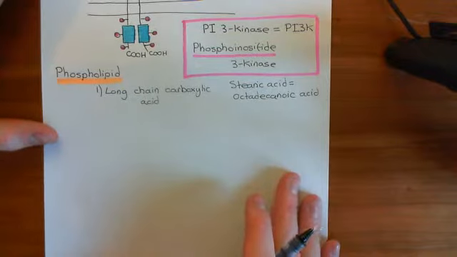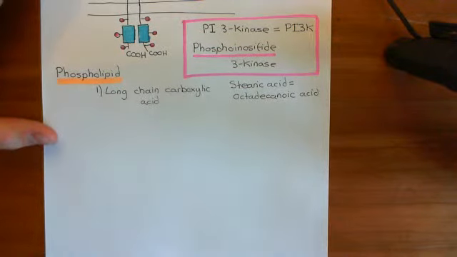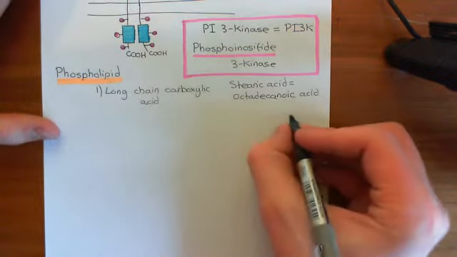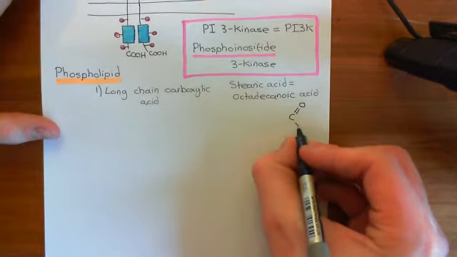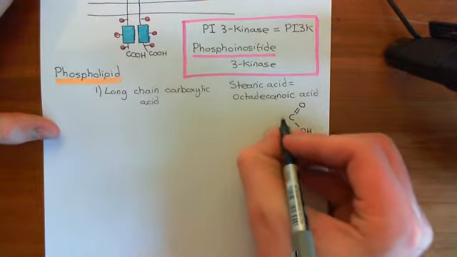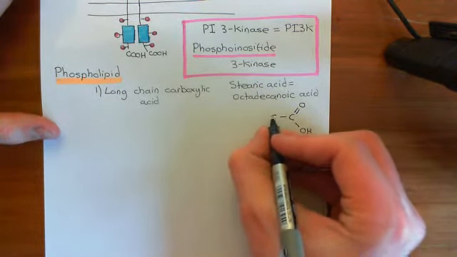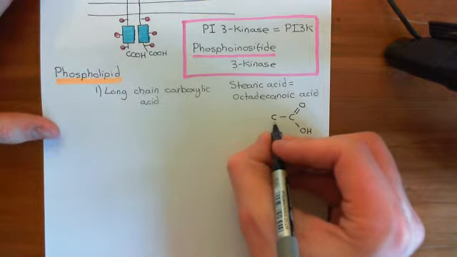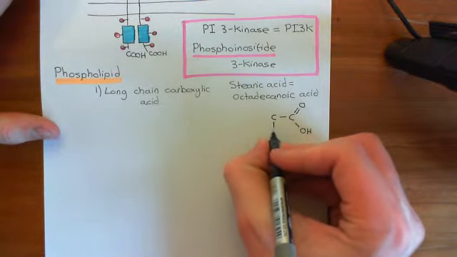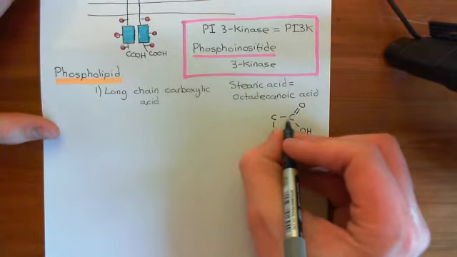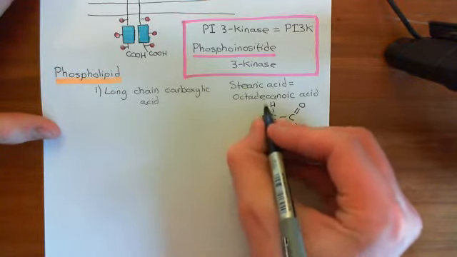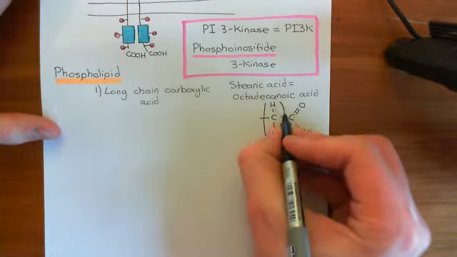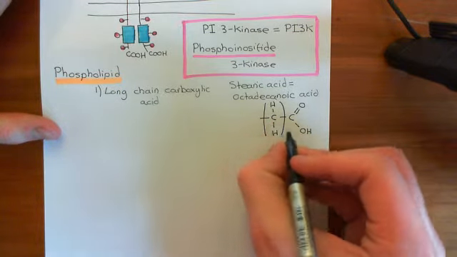One of the criteria to be a phospholipid is that you need a long-chain carboxylic acid within your structure. The example I'm currently discussing is stearic acid. Here's the carboxylic acid group, and then we need 18 carbons in total, so 17 more carbons after this first one. 16 of these are going to be in the form of methylene groups, so I don't want to have to draw 16 methylene groups.